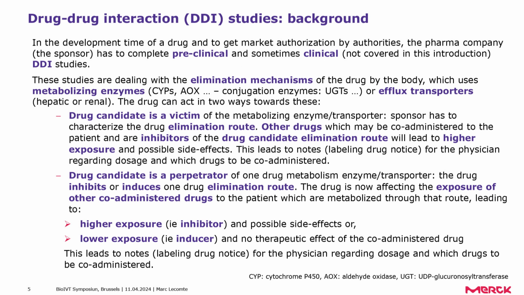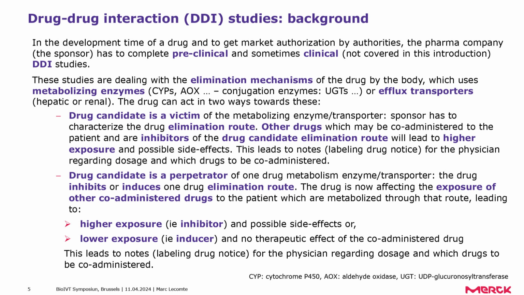And the drug can act in 2 ways towards this elimination mechanism. It can be a victim, and I heard today that in the ICH M12 draft, they would like to use the word object.